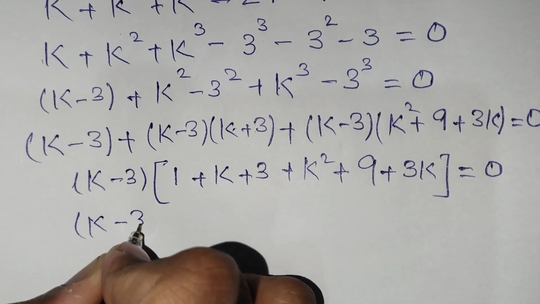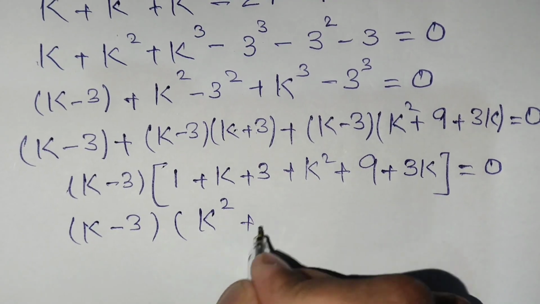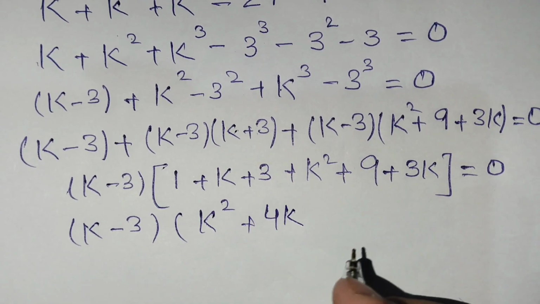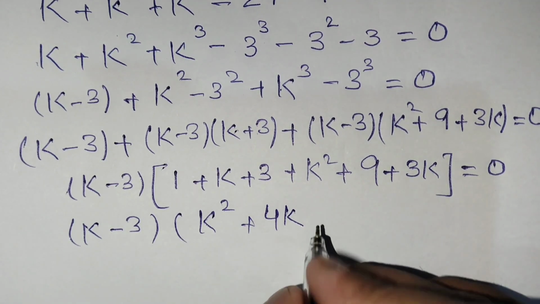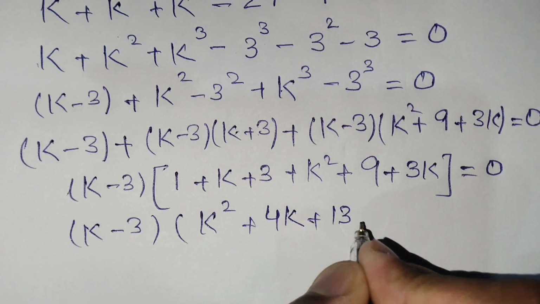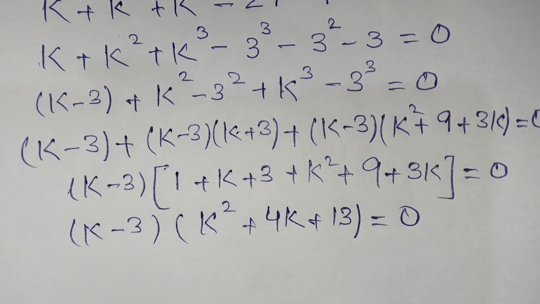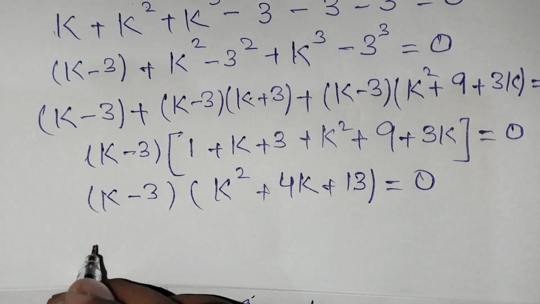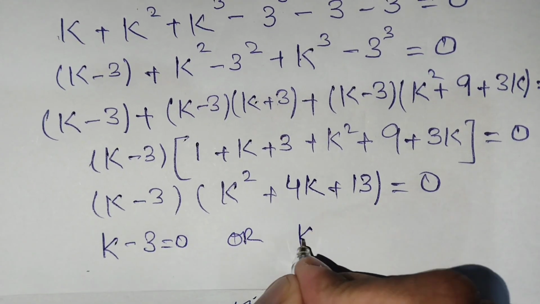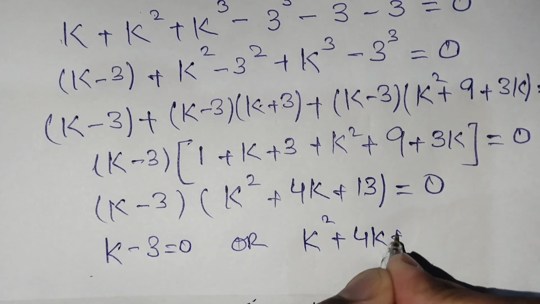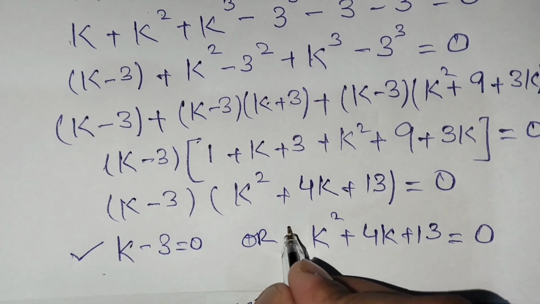So (k minus 3) times (k square plus 1k plus 3k, which is 4k, plus 3 plus 9 is 12, and 1 is 13) is equal to 0. Now either k minus 3 is equal to 0, or this quadratic equation k square plus 4k plus 13 is equal to 0. First we will solve this case and then we will move to this one.